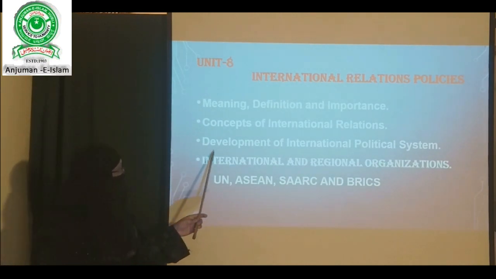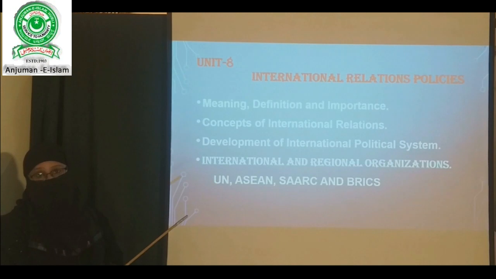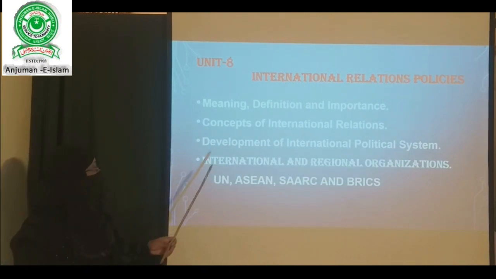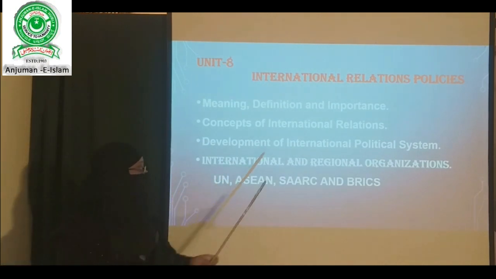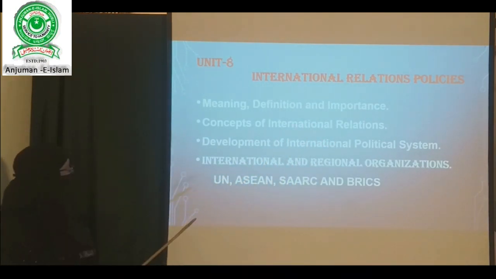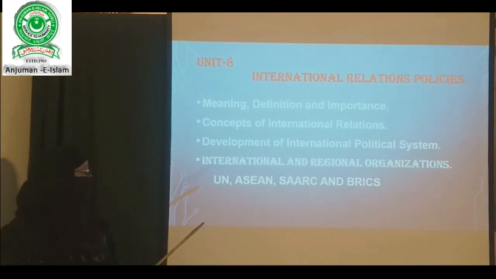Next is development of the international political system. My dear students, the political system might be in our country or at international levels. There are developments taking place day by day, and here we will be seeing the development of the international political system. Next, international and regional organizations.